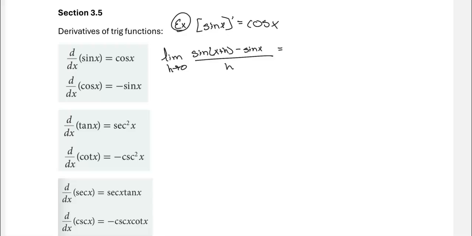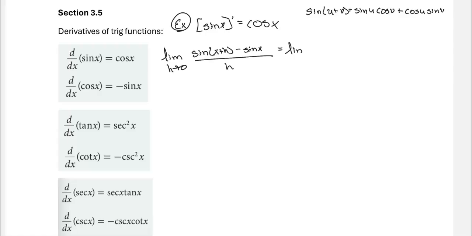So our next step is going to be to use the sum formula for sine. If you remember back to pre-cal, you had a formula to rewrite this. It was sine of u plus v equals sine u cosine v plus cosine u sine of v.